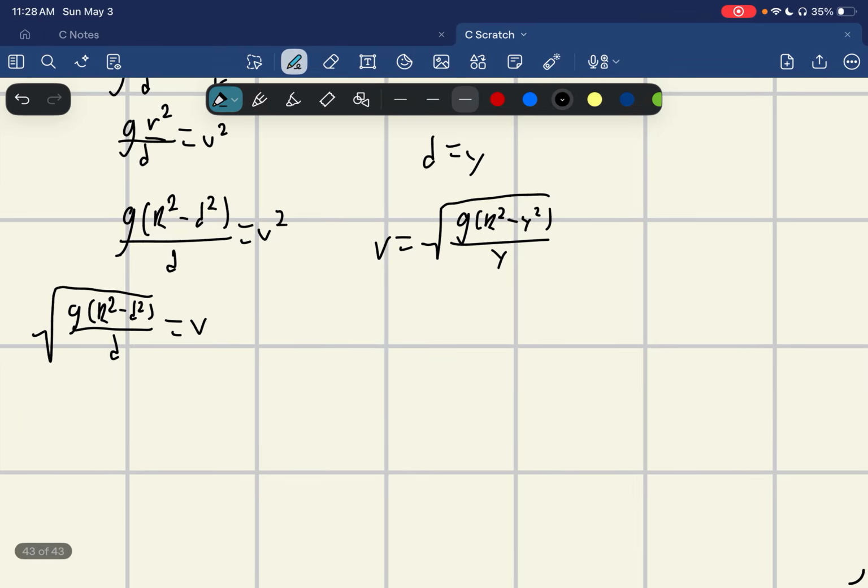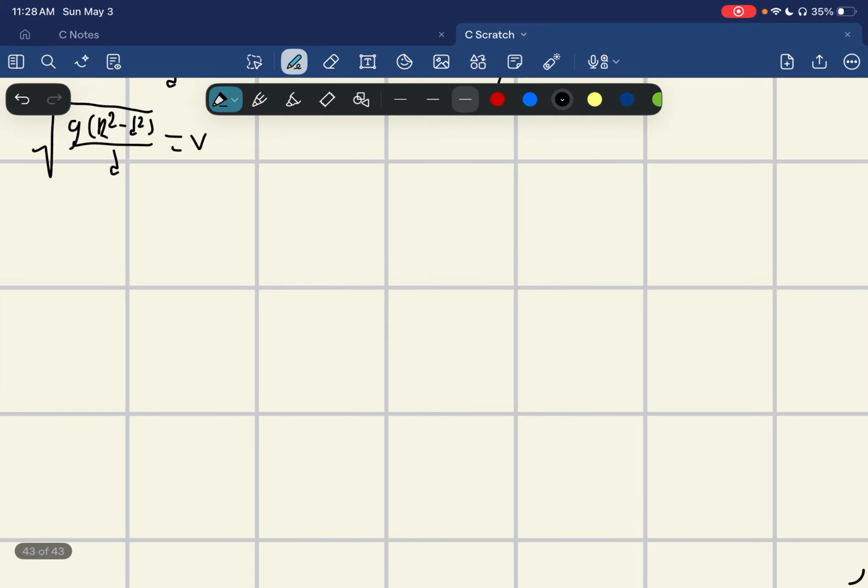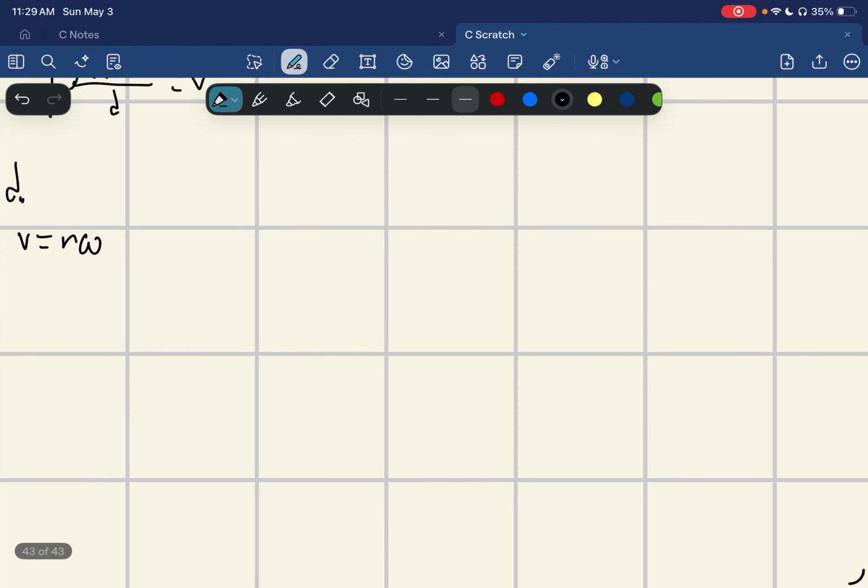Okay. Part D asks us to derive an expression for the ball's angular velocity in terms of r, y, and appropriate fundamental constants. So we know that the general formula for v is equal to r omega. So then to isolate for omega, you just divide by r. So v over r is equal to omega.